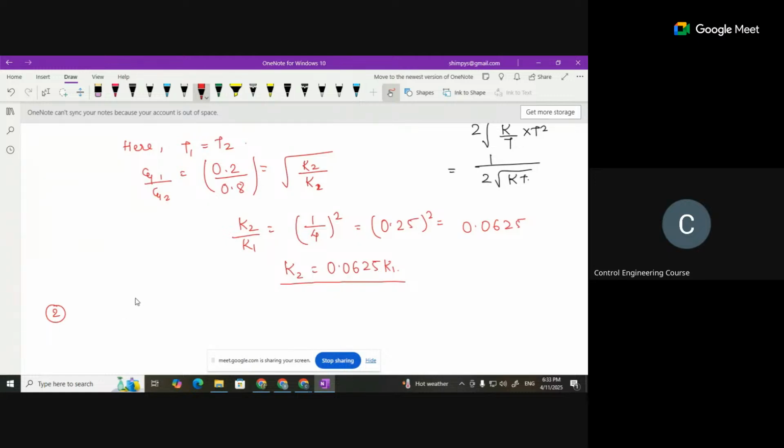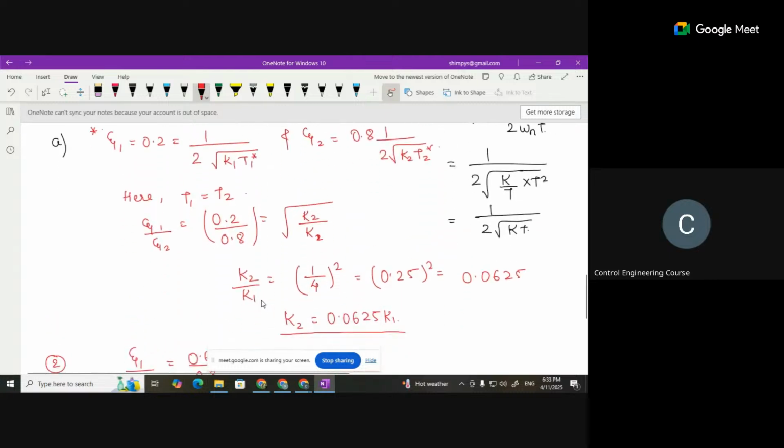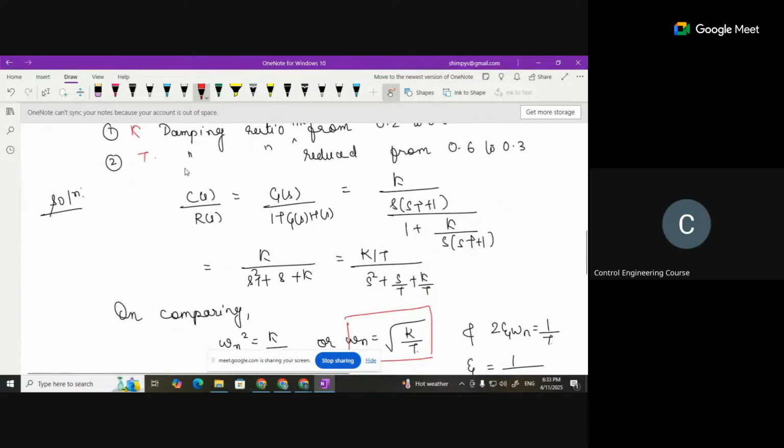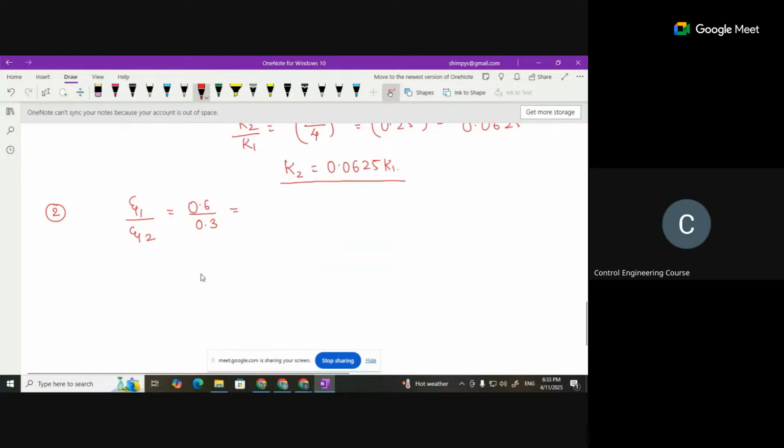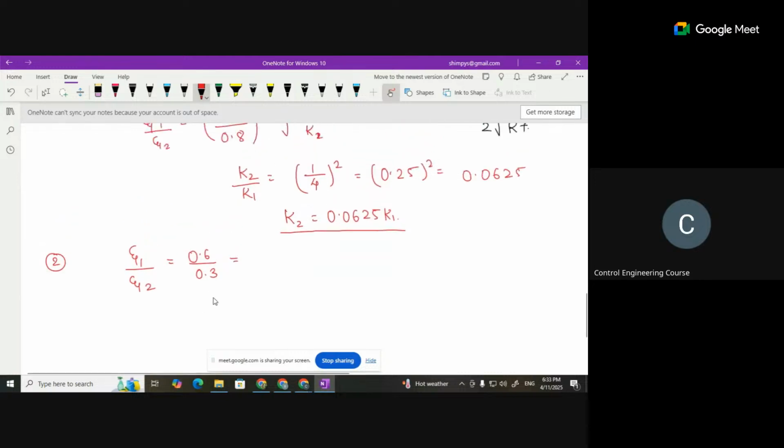So from the same expression, I can write this as 0.6 by 0.3 equals... here we have considered that T1 is equal to T2, right? And here in the second case, we have to see by what factor T has to be multiplied. In the question, what factor T has to be multiplied. So in this case, our K1 will be equal to K2. Do you get it?